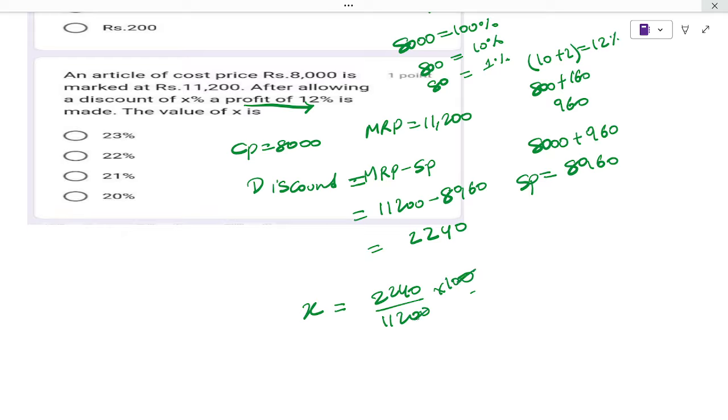Cancelling the zeros, 56 times 2 is 112. So 20% is the answer.